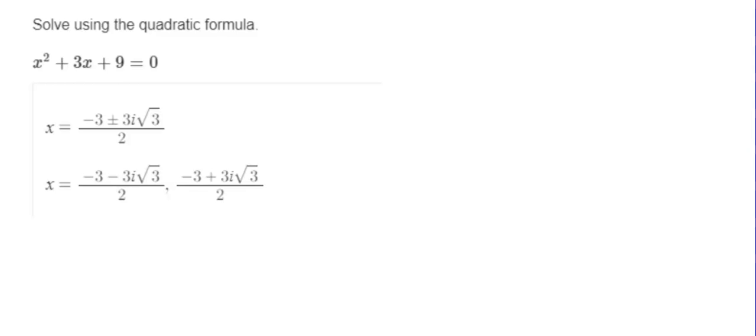So when I go to type in my answers, it's going to look like so. You can leave it as the plus or minus, or if it indicates that you need to write it expanded, then you would do so.